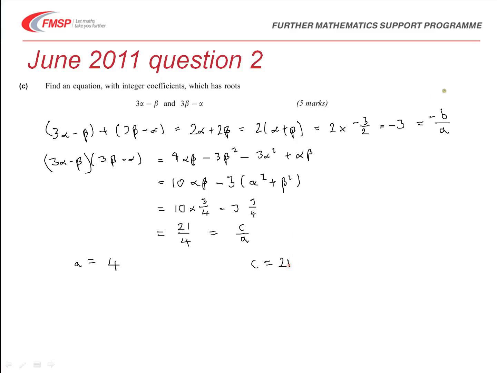And then the fact that I've used a as 4 here means that the b value will then have to be 12 to make this part equal to the -3. And so my equation becomes 4, that's a lots of x squared, then it's b lots of x plus c, and that must equal 0.